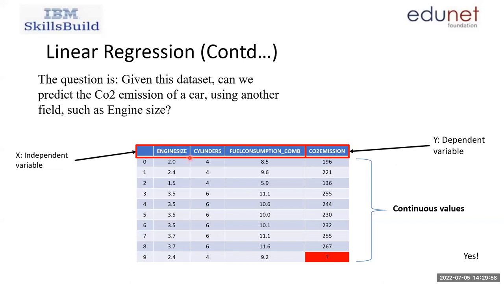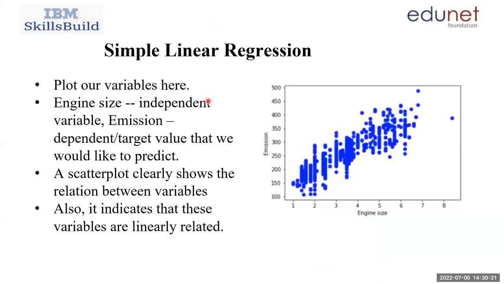We are going to predict the value of Y, CO2 emission, based on the independent variable. X is the independent variable and Y is the dependent variable, because Y depends on the value of X. Based on the X value, we are going to predict the value of CO2 emission. That is the concept of simple linear regression.